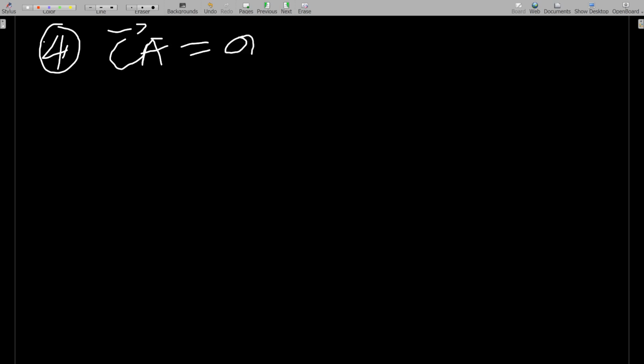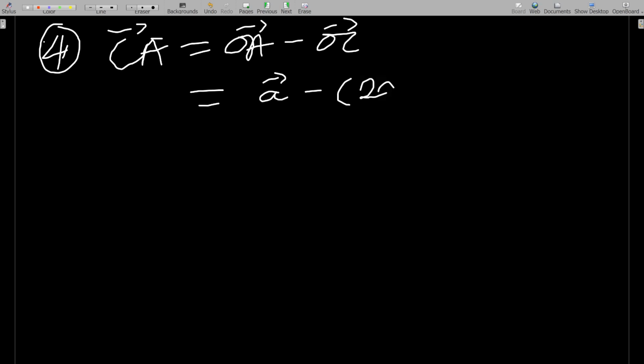Okay, and this is equal to OA minus OC. So A minus C is the position vector of C, given by 2A plus 3B. I hope you understand.